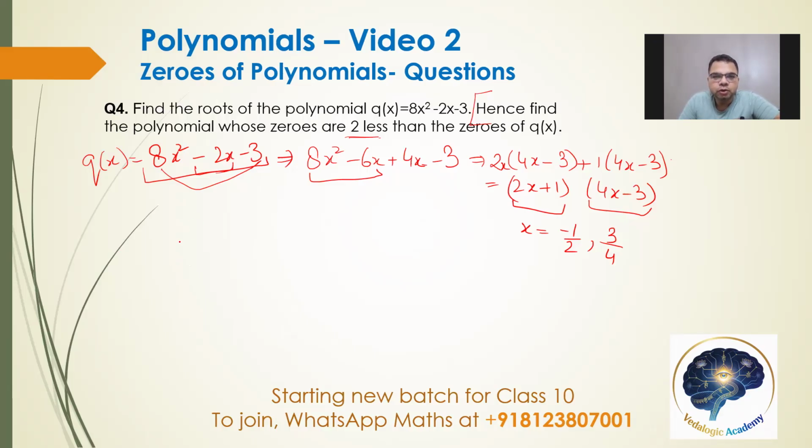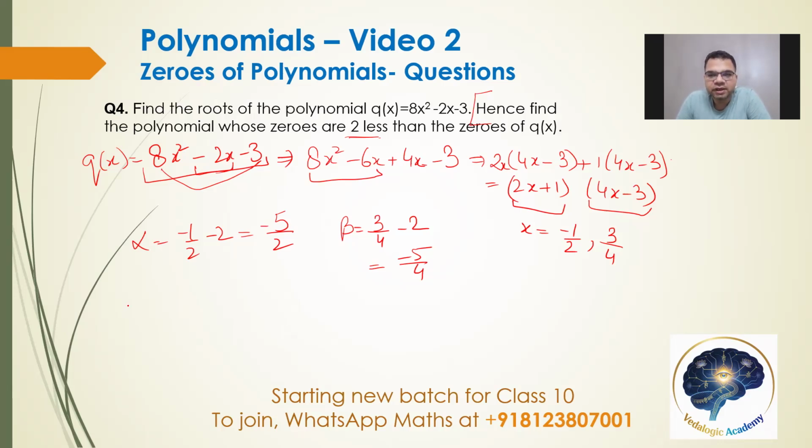So when I say 2 less, that means alpha becomes minus 1 by 2 minus 2. That becomes minus 5 by 2. And beta becomes 3 by 4 minus 2. So that becomes minus 5 by 4. Okay, so this is what we have now.